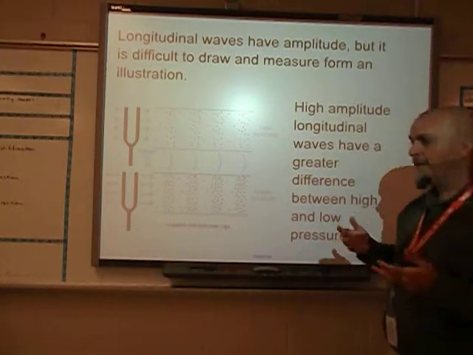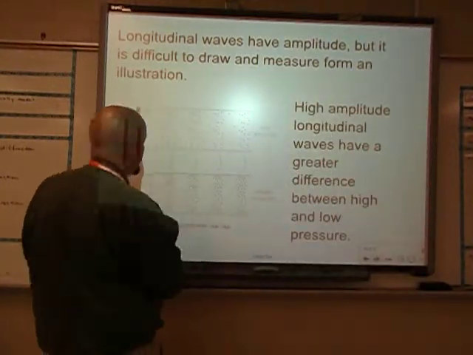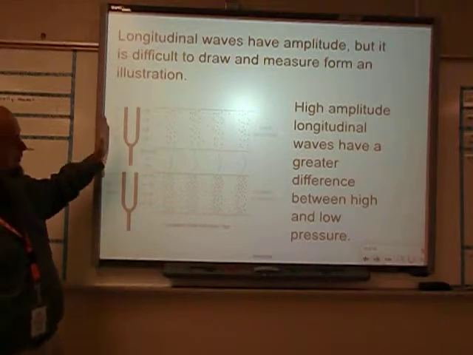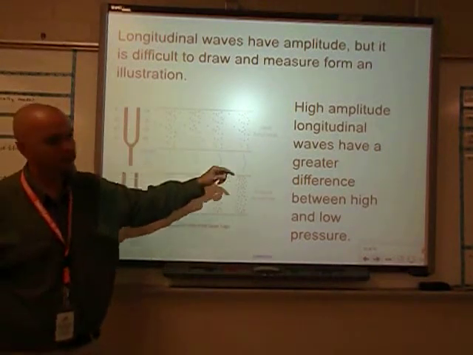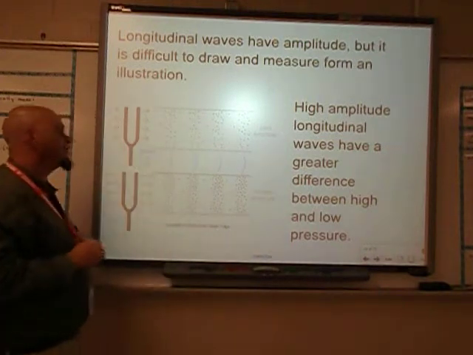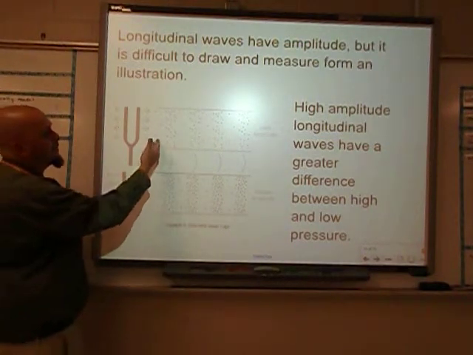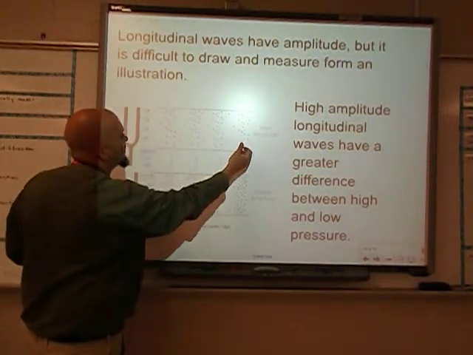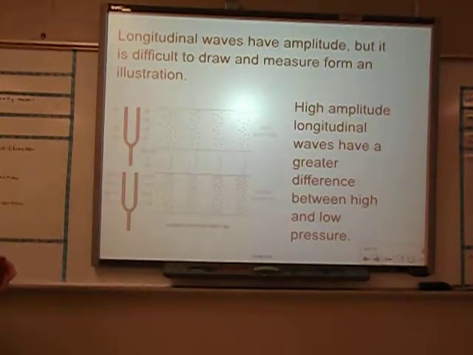This is one way that I've seen it illustrated. These are tuning forks. They're vibrating back and forth, pushing left and right to make the compressions and rarefactions. Those are my compressions, in between my rarefactions. This is illustrating a low amplitude because we can see in the high pressure areas there's not a whole lot of particles.